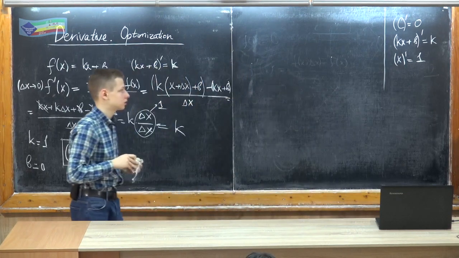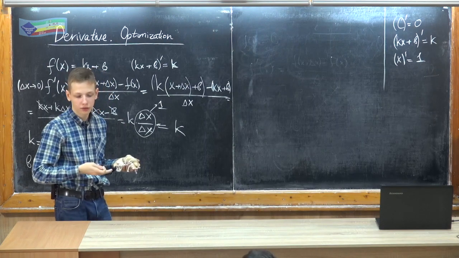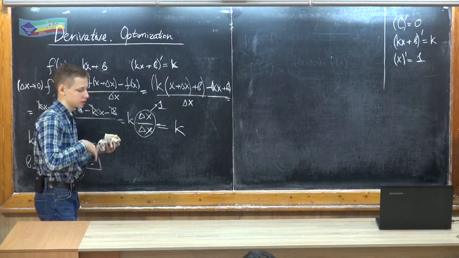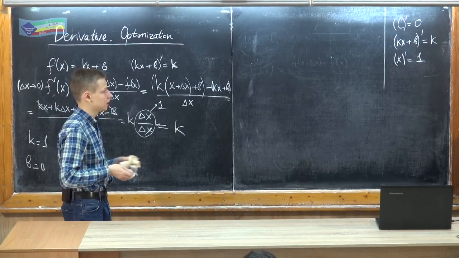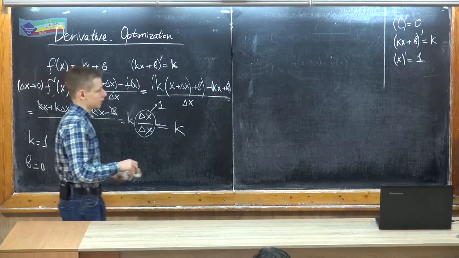Now we can consider a quadratic function, which is a non-linear function, which means that its slope depends on x2 and x1, and that's why we will need to calculate it in that way again.